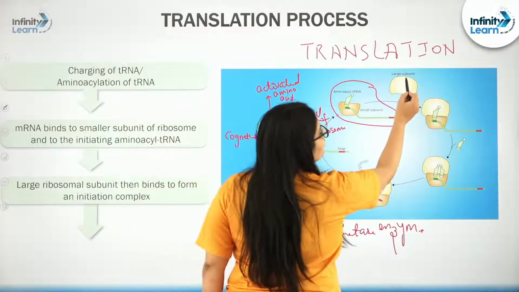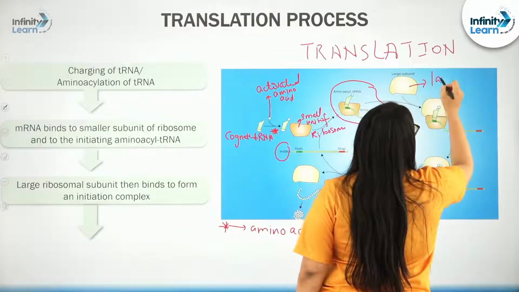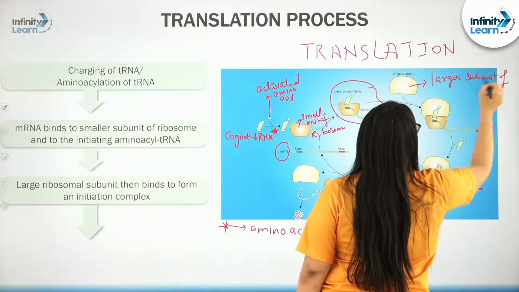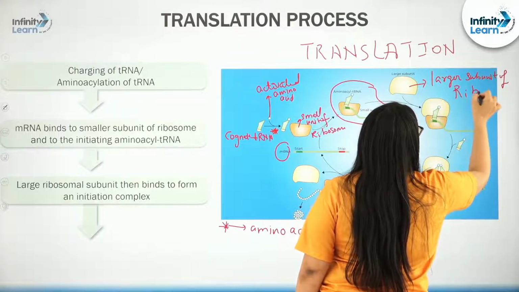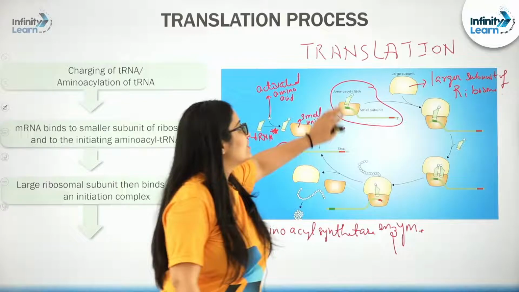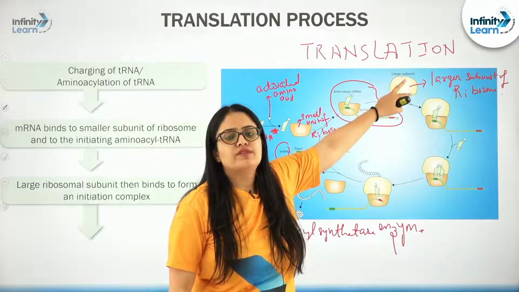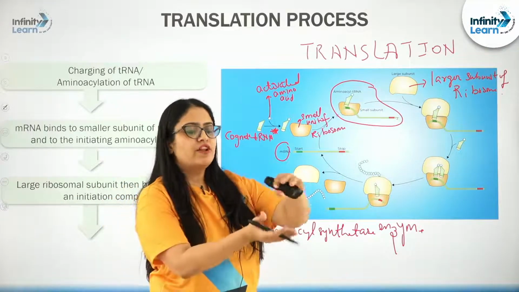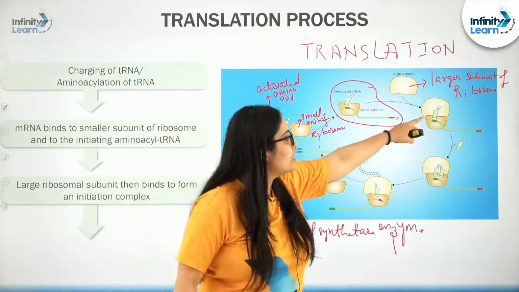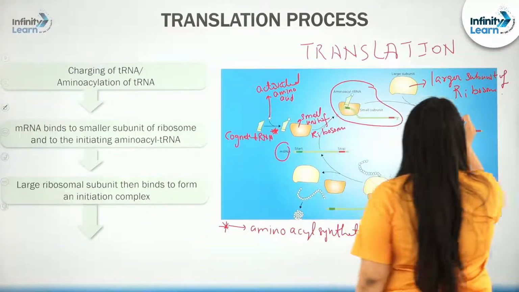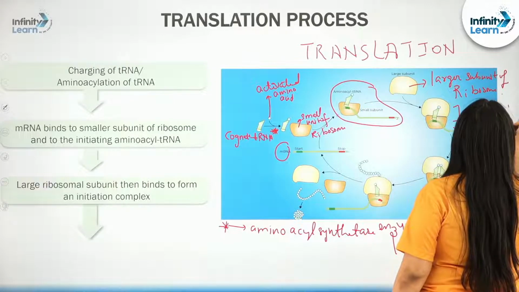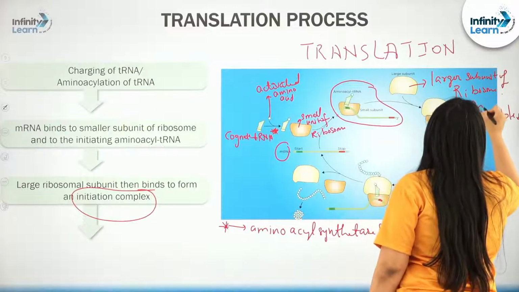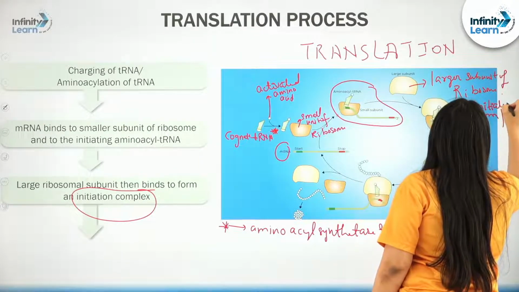Later on, the larger subunit of ribosome is added. So, finally, with this complex, there will be addition of the larger subunit of ribosome and hence finally there will be the formation of a complex, this is the initiator complex or initiation complex.